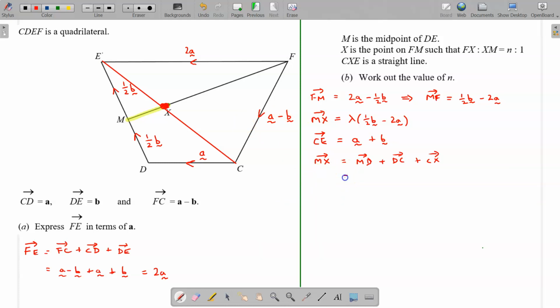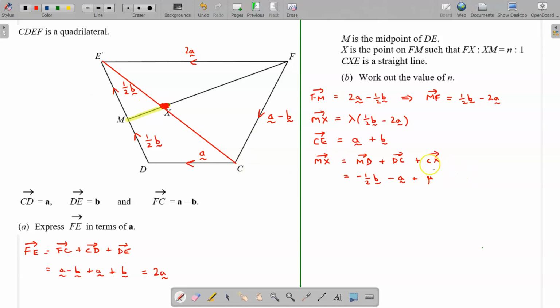So mx is actually equal to md, which is negative a half b, plus dc, which is negative a. Now it's going to be some multiple, which I'm now going to call mu, of the vector CE.